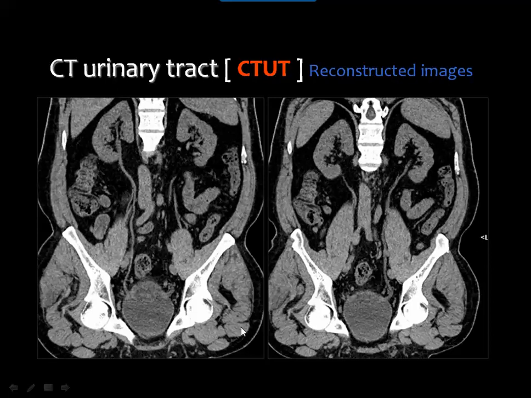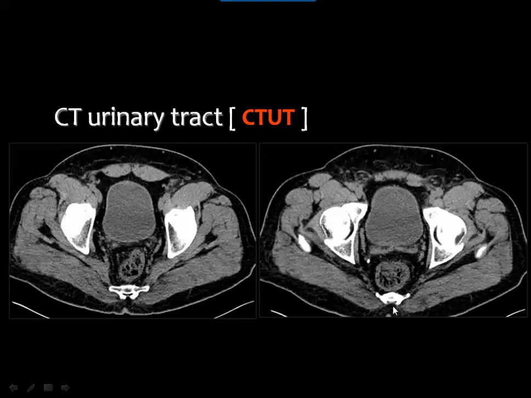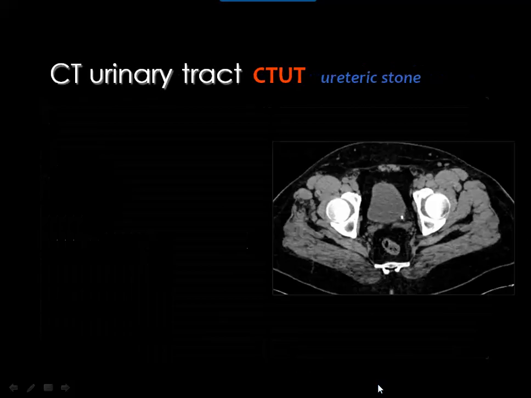He should obtain the coronal reconstructed images for the urinary tract along the course of the ureter. Then you can see the right ureter along its whole course, and you see the left ureter along its whole course. Then there are no radiopaque calculi along the ureteric course. Then this shadow should represent a pelvic phlebolith.